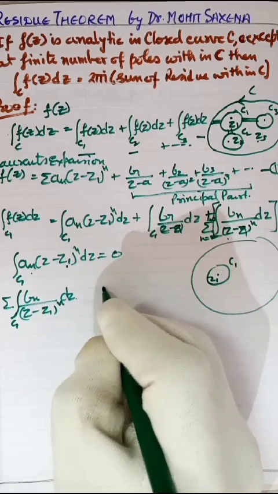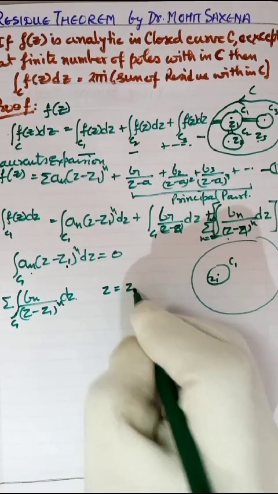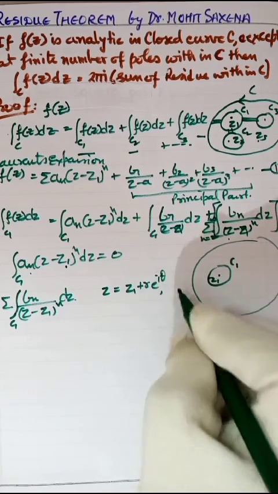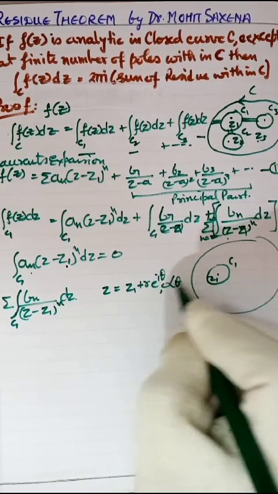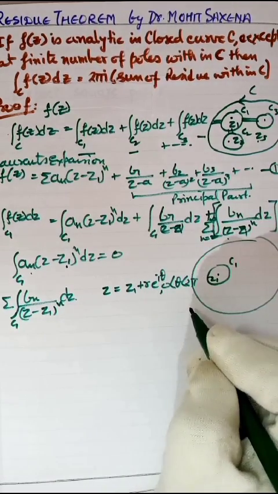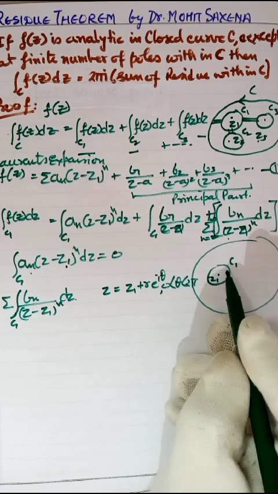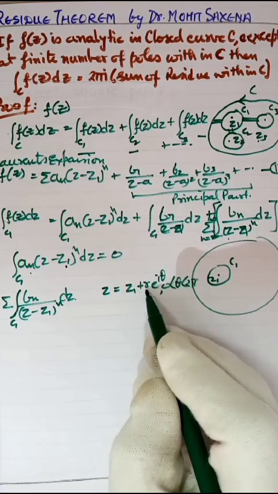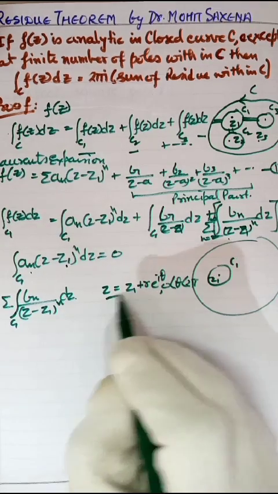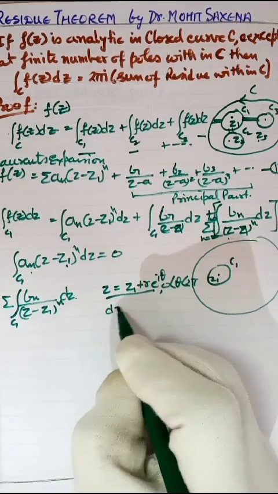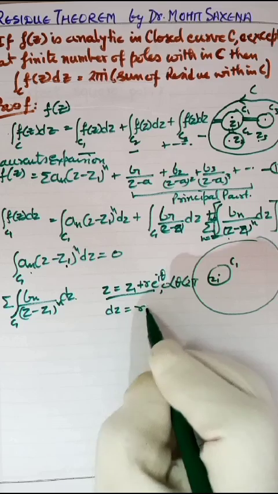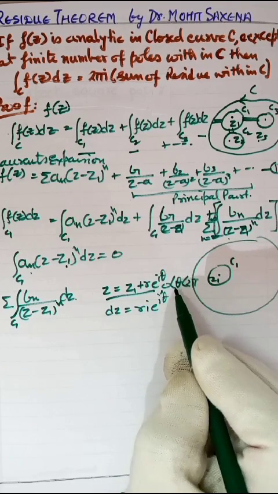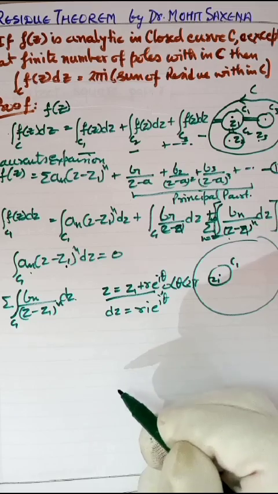we take z equals z1 plus r e to the power i theta, where theta varies between 0 to 2 pi. As we know, the equation of this circle C1 is z minus z1 equals r e to the power i theta. So z is equal to this, and dz is equal to r i e to the power i theta d theta, where theta varies from 0 to 2 pi.